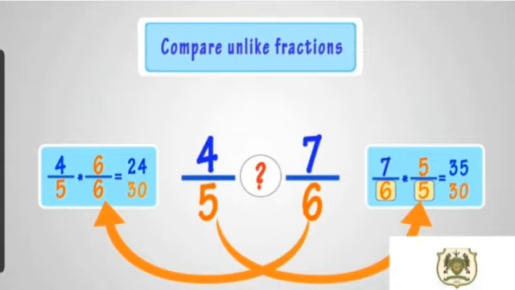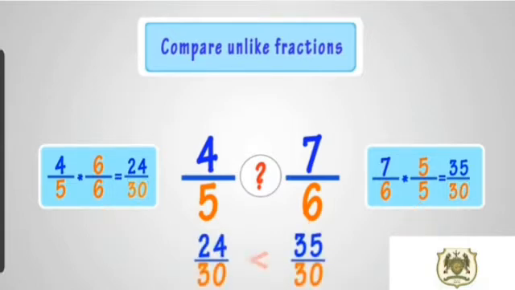So here I have observed that the new fractions which I got are 24 upon 30 and 35 upon 30. Both these fractions are now like fractions because their denominators are the same, which is 30. Comparing like fractions is much easier, as we will check which numerator is bigger.